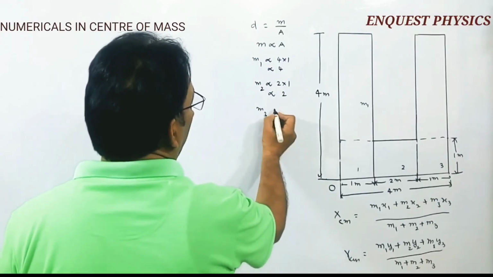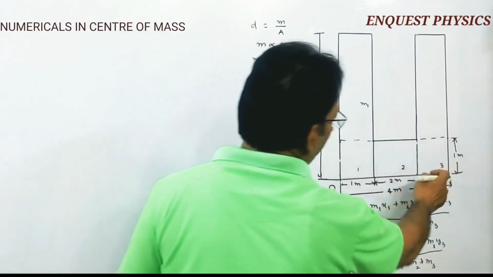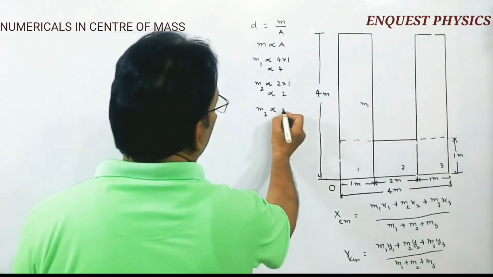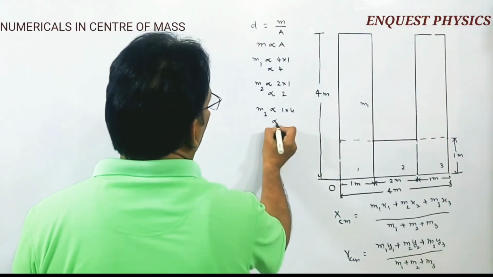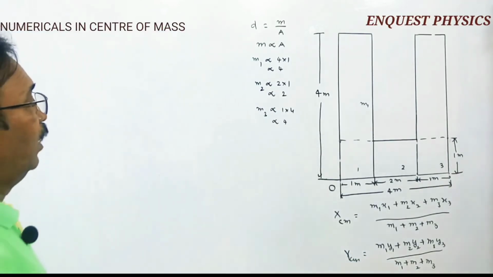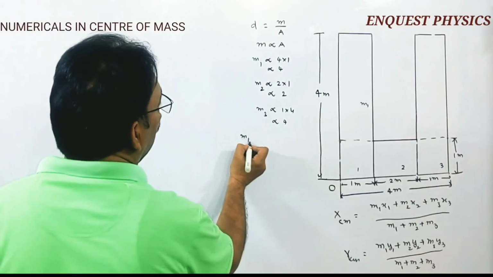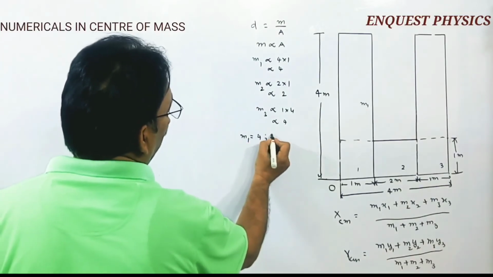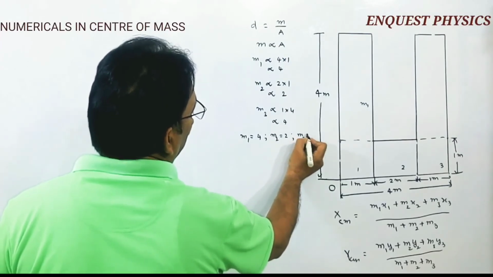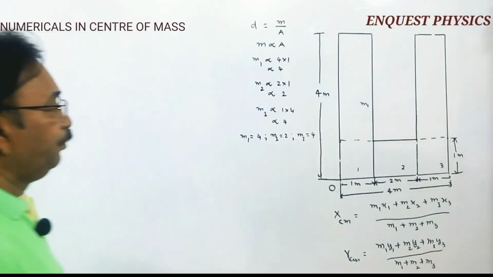Obviously, m3 also has the same value as the first one, 1 into 4, 4 units. We know the masses. Okay students, m1 is equal to 4, m2 is equal to 2 and m3 is equal to 4 units.